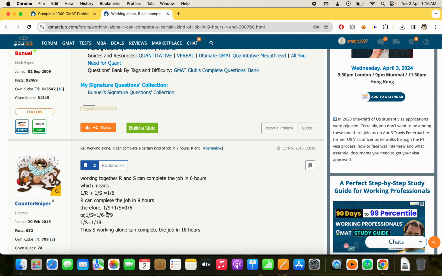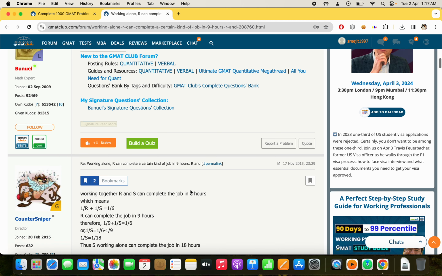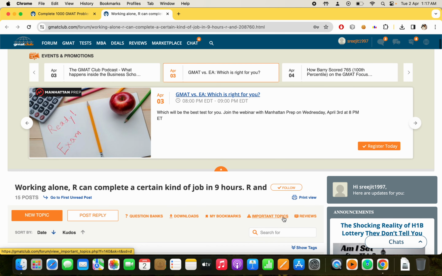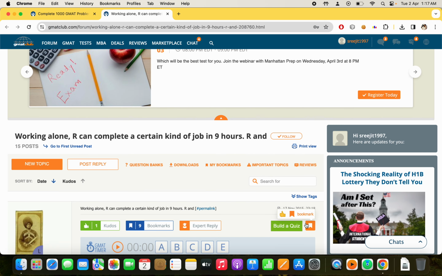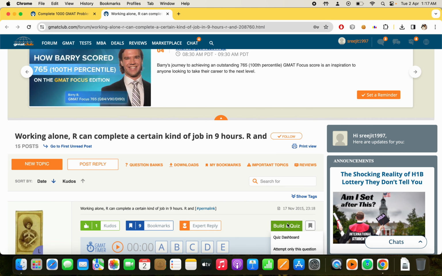If together they can solve 1/6 of the part, and R can alone solve 1/9 in an hour, we can deduct 1/6 minus 1/9, which is 1/18. So basically, S working alone can complete the job in 18 hours. Basic time and work problem, we can revisit it, as this topic I myself need to revise. Not sure whether the bookmark part is working, but anyway.